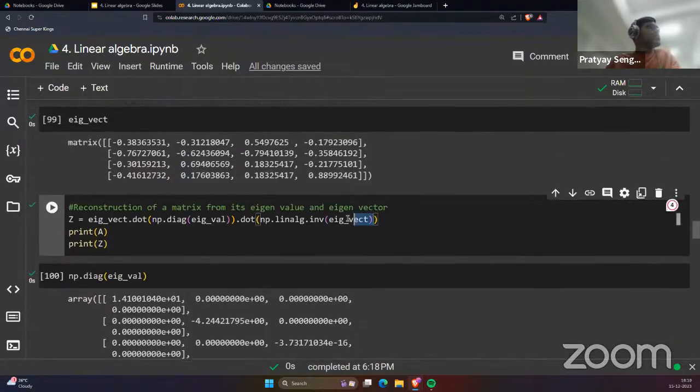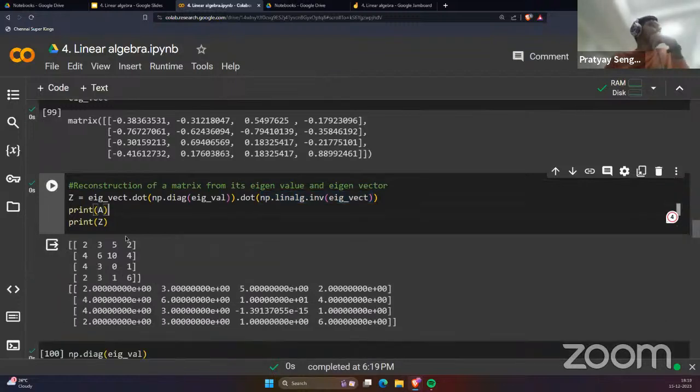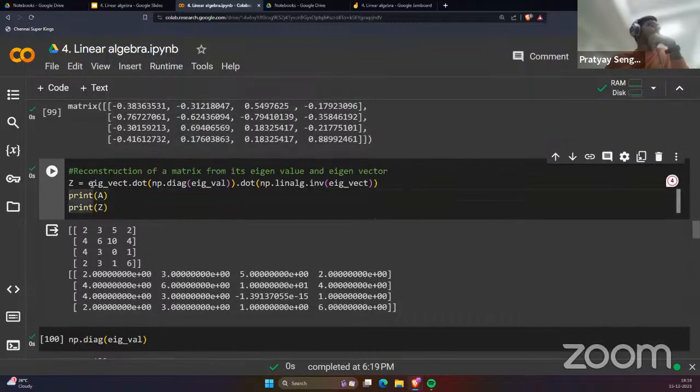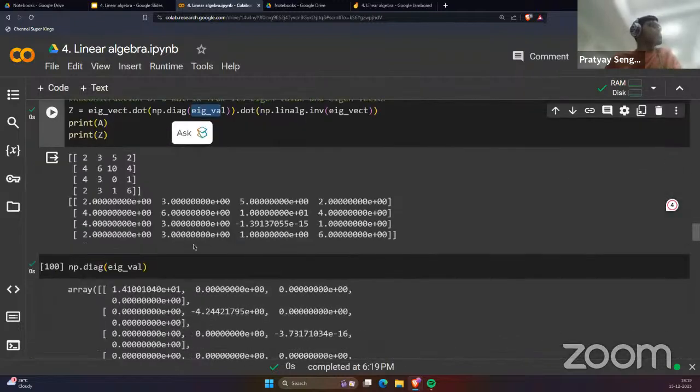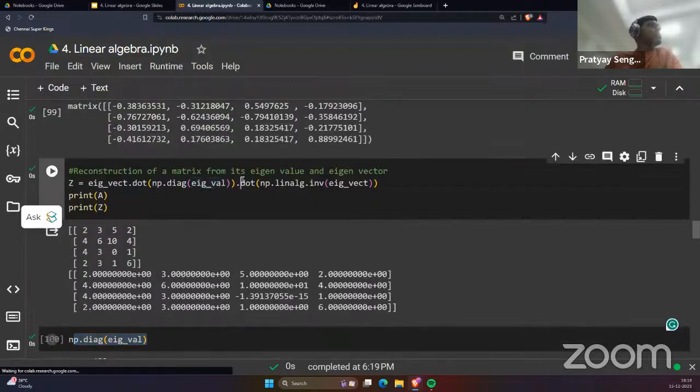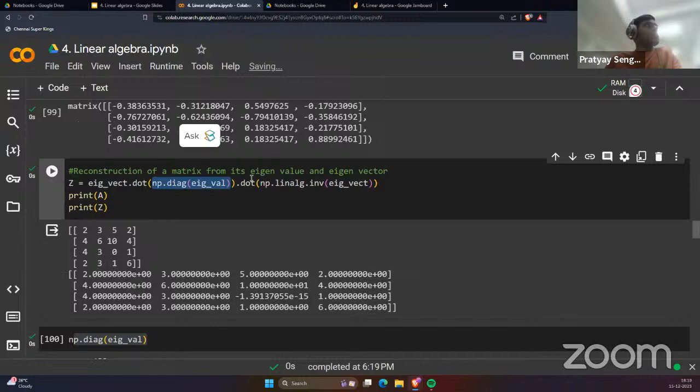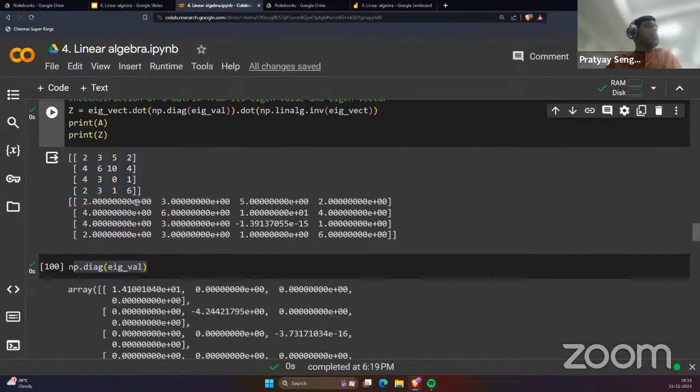Sorry, we were here. Yes. So this should give you a matrix, right? So this is the matrix we had, and then we are doing the eigenvalue diagonal that we had here also, and then the dot product with the inverse of the eigenvector. So this is the eigenvector dotted with lambda, and again dotted with the inverse of the eigenvector, right? So this is the actual matrix we have, and similarly we got the same thing: 2 4 4 2 3 6 3 3 5.